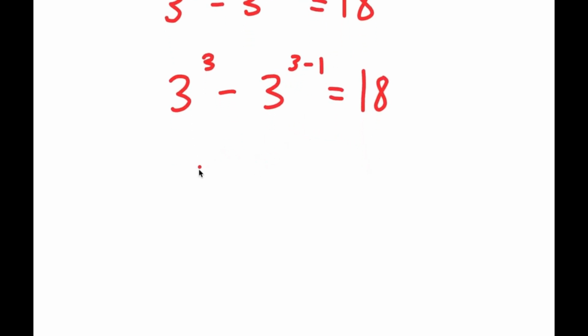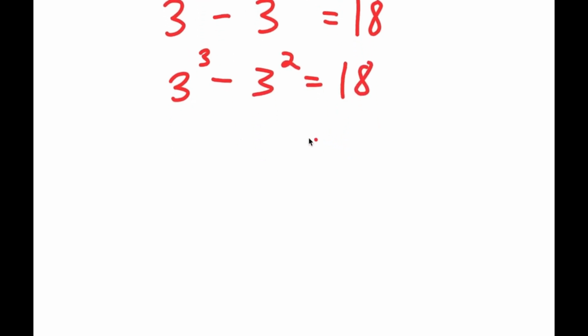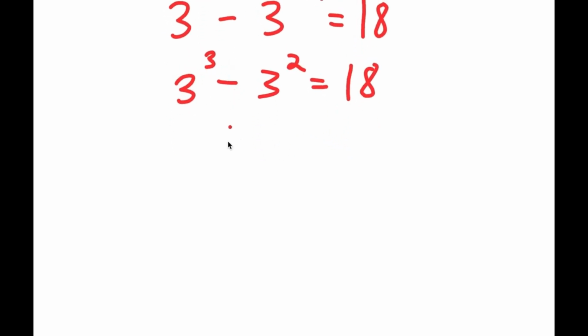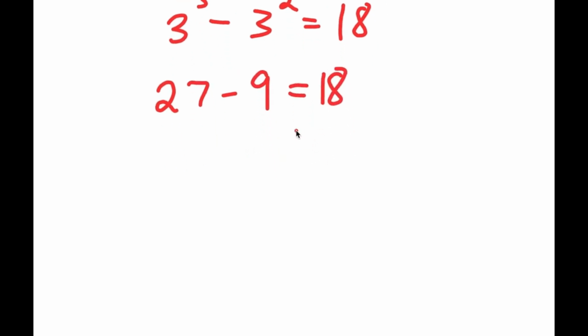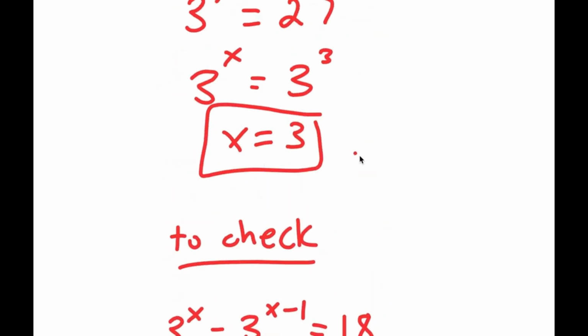And 3 to the power of 3 minus 1 is 3 to the power of 2, so I have 3 to the power of 3 minus 3 to the power of 2 is equal to 18. And 3 to the power of 3 is equal to 27. 3 to the power of 2 is equal to 9, so I have 27 minus 9 is equal to 18. And 27 minus 9 is 18. So I get 18 is equal to 18, and because this is right, my solution of x equals 3 is also right.